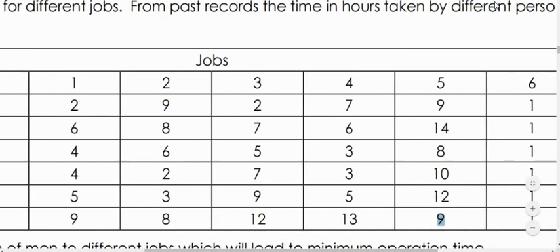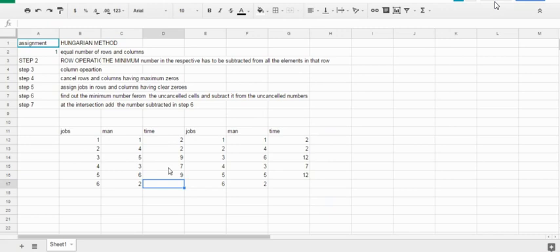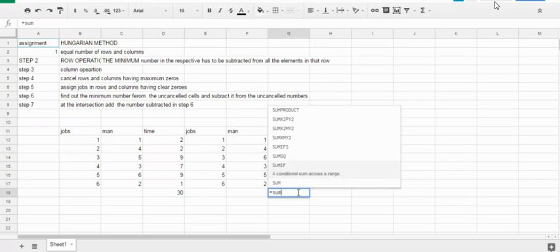One hour. So here now we'll put 1. So the total time taken for our jobs is how much? 30. And if we see the alternative solution, then what is the answer here?